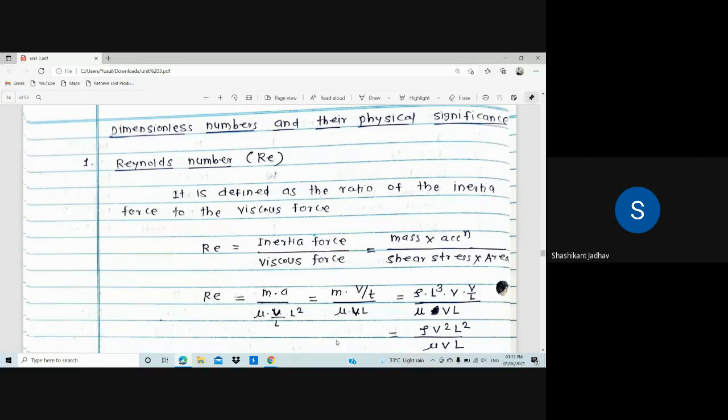Okay, can anyone tell me whether that equation is correct? Rho into L cube.